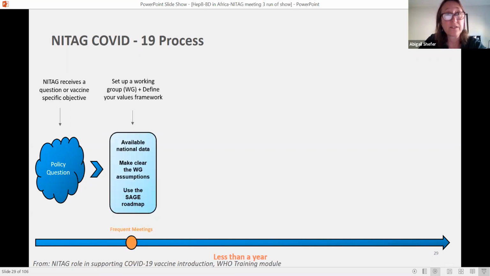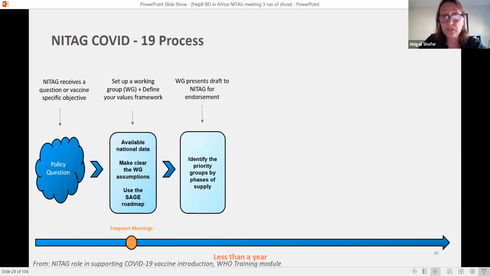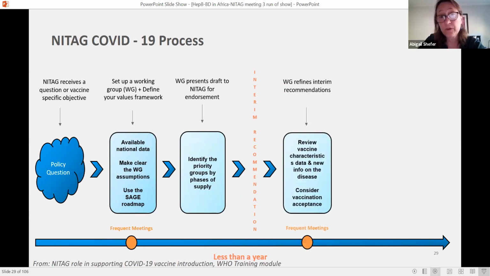So priority groups for vaccination, depending on the phase of supply. In the next click. Also interim recommendations are often made, which are refined as more data becomes available.